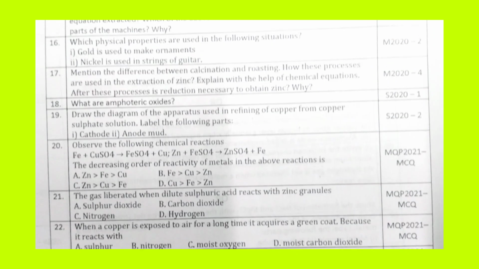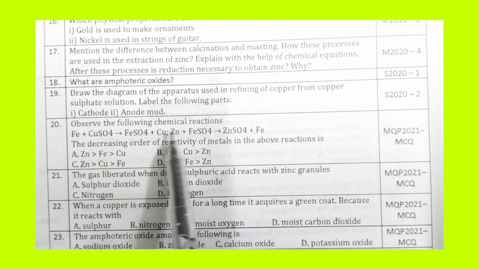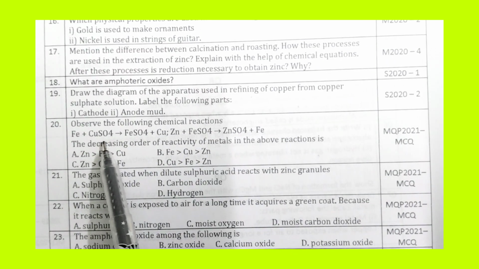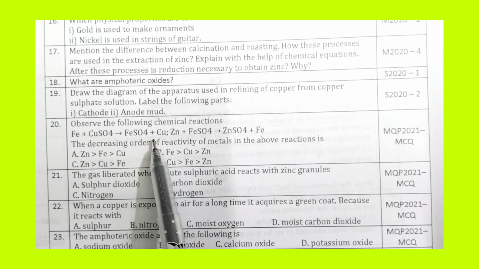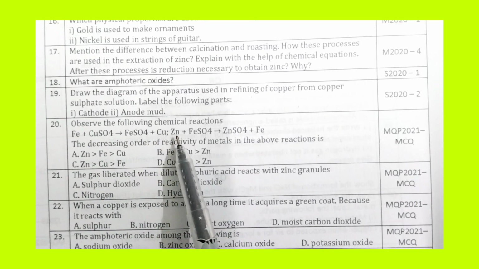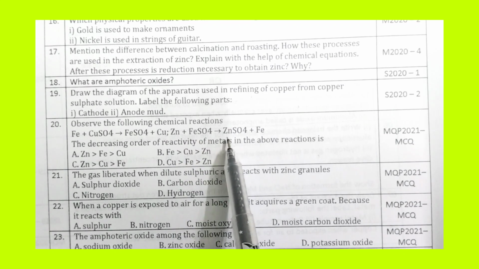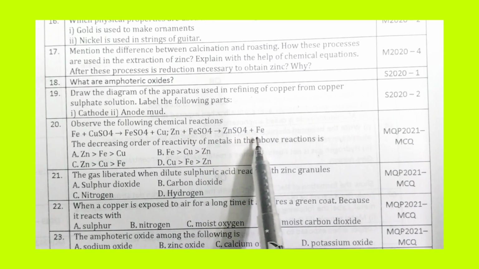In the 20th question, observe the following chemical reactions. Fe + CuSO4 gives FeSO4 + Cu. Zn + FeSO4 gives ZnSO4 + Fe.